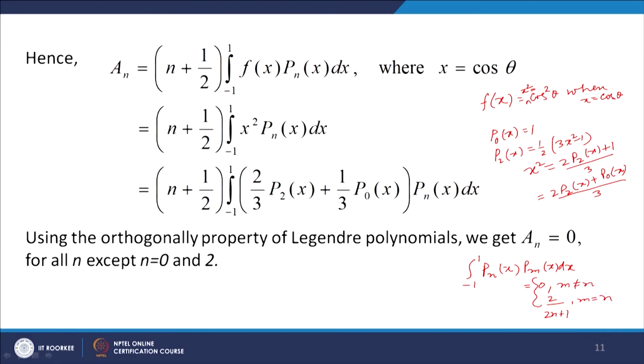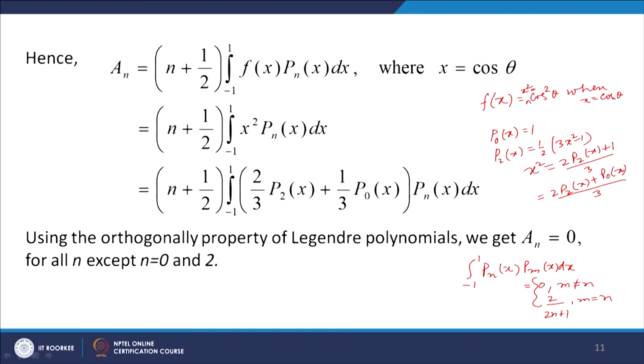Applying that, the integral from -1 to 1 of P_n(x) P_2(x) will be 0 for all n other than 2. When n is equal to 2, the integral of P_2 square x can be computed from here, it will be 2 over 5.